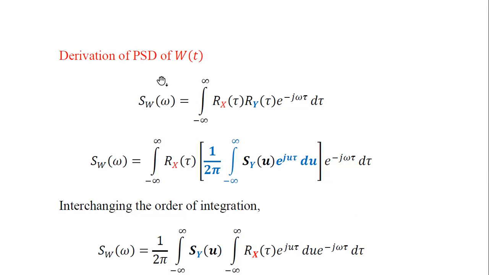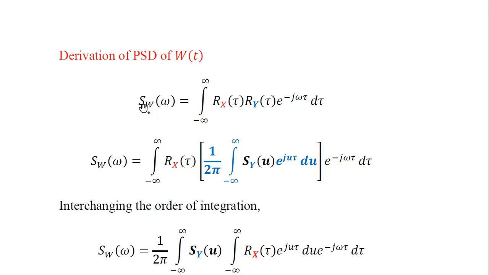Just look into the simple steps of derivation of an expression for power spectral density of w of t, which is nothing but the product of two independent random processes.